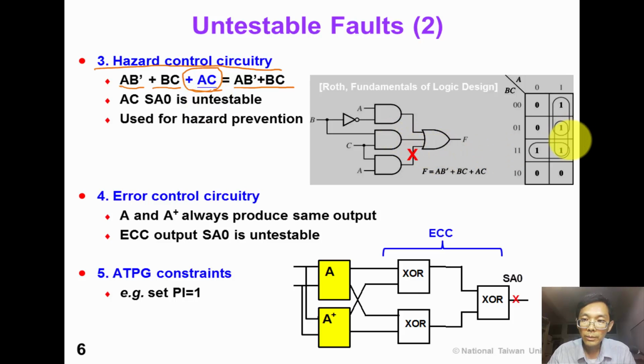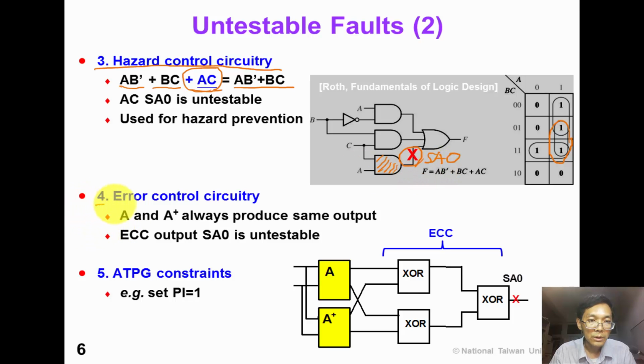From this Karnaugh map, we can see that the circle of AC actually has no functional contribution. The reason why we have this AC gate is to prevent hazard. So AC output stuck at 0 fault is actually untestable.